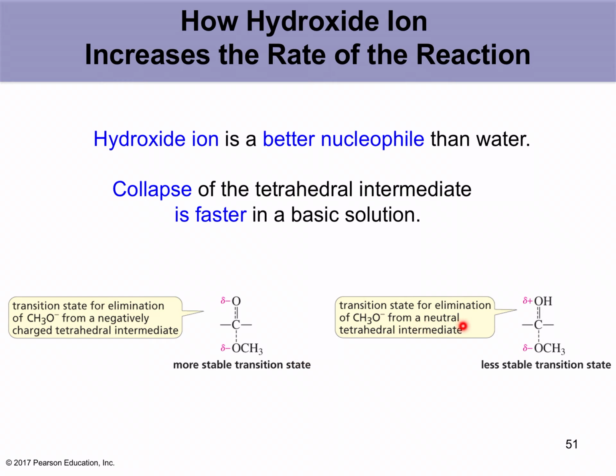This one shows the transition state for elimination of methoxide from a neutral tetrahedral intermediate. If OH is neutral, the oxygen is going to be electropositive. It has a delta positive on oxygen. So this is a less stable transition state, having a positive charge on oxygen. So having a base will help to increase the rate of the reaction.